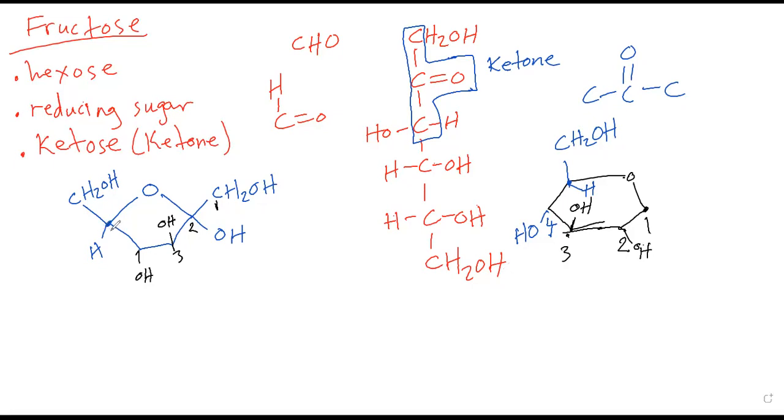So it would be carbon 4, carbon 5. This is carbon 6. The OH group is pointing downwards. So that will give us beta. Sorry, if it's pointing downward, it is alpha.